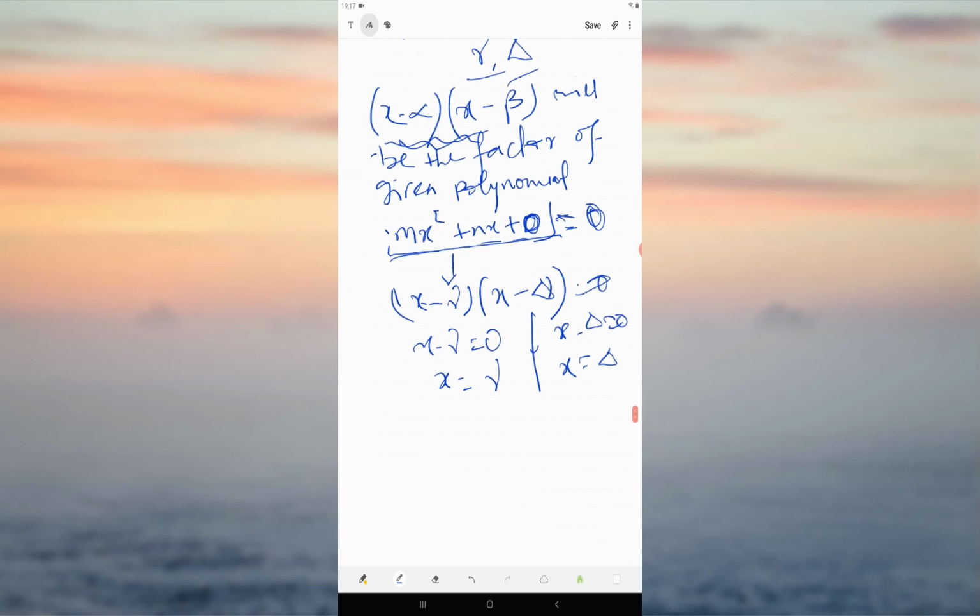It can be of degree 4, or cubic, or even of degree 5; a polynomial of degree 5 or degree 3 can be given. If 2 or 3 roots are given, you can find the other roots by the division method. This is very important.